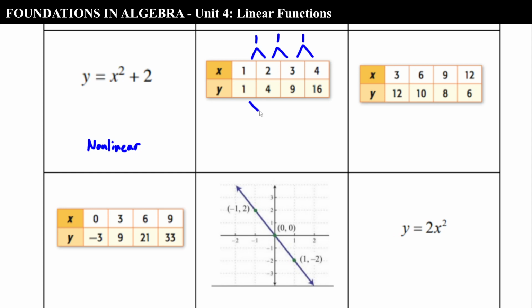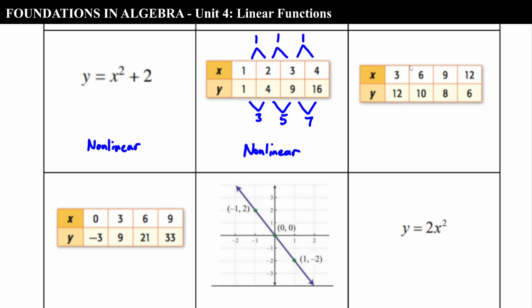Well, 4 minus 1 is 3. 9 minus 4 is 5. And then 16 minus 9, well, that's going to be 7. So the y's change at a different rate as compared to the x's. Therefore, this is non-linear. And in case you're wondering, this is actually a squared function.